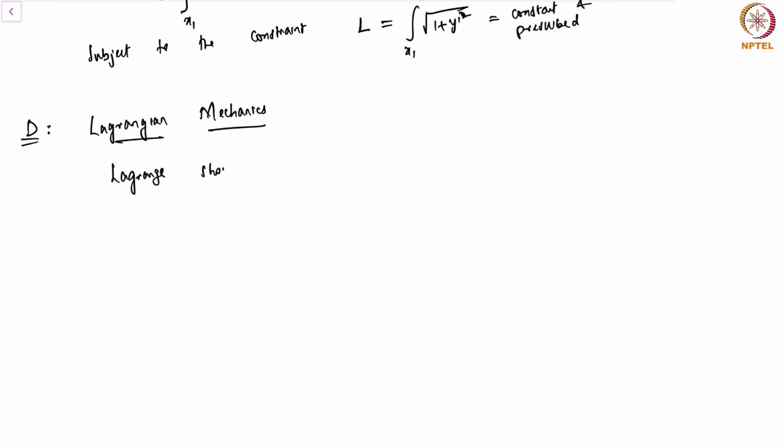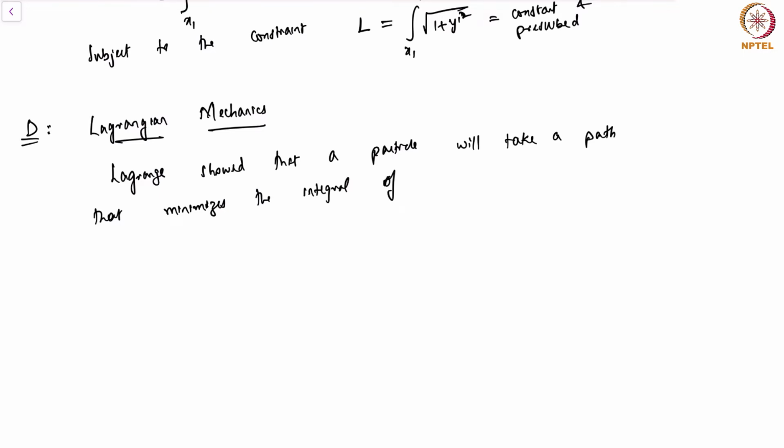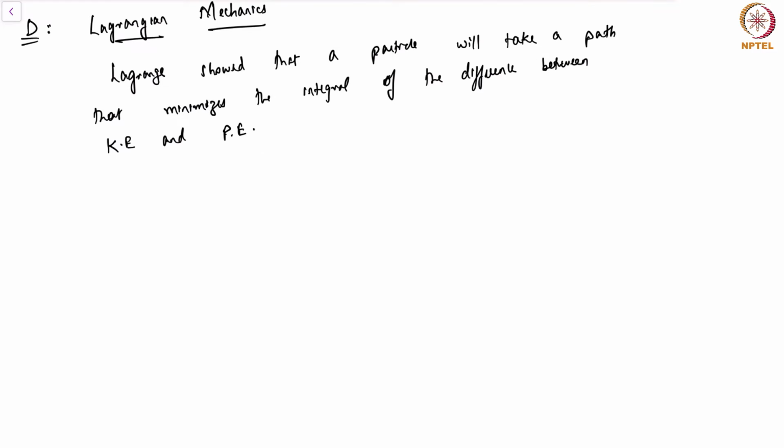Lagrange showed that a particle will always take a path that minimizes the integral of the Lagrangian, the integral of the difference between kinetic energy and potential energy.